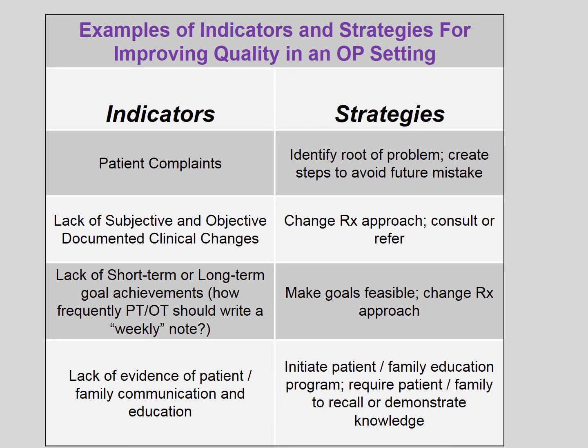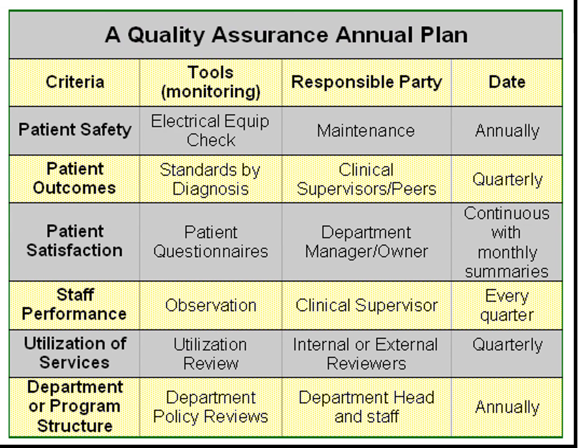So these are the small plans, and then it goes through the larger annual plan. So what are you going to do? Perhaps once a year you're going to look at your medical equipment and make sure that your annual safety checks are done. So your ultrasound machine, your hot pack machine, you're going to have them calibrated every year and check to make sure that there's no burning issue, that they're doing exactly what they should. But in the short term, perhaps you have a daily monitor of the temperature of the hot pack machines to make sure that it's never outside of a range.